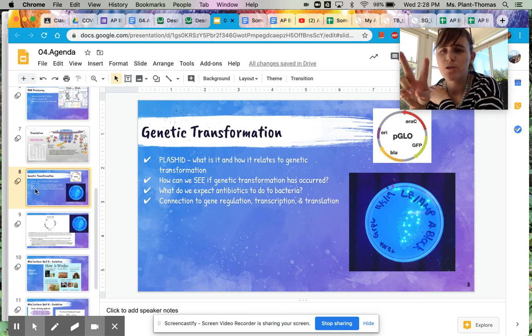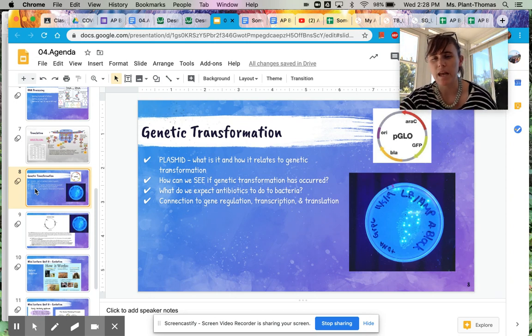You guys added 2 different versions of plasmids. A plasmid, remember, is a small circular piece of DNA, and bacteria naturally have these plasmids, so it's pretty easy to insert a plasmid into a bacteria cell and get that bacteria cell to start doing transcription and translation to use that plasmid to make new proteins.